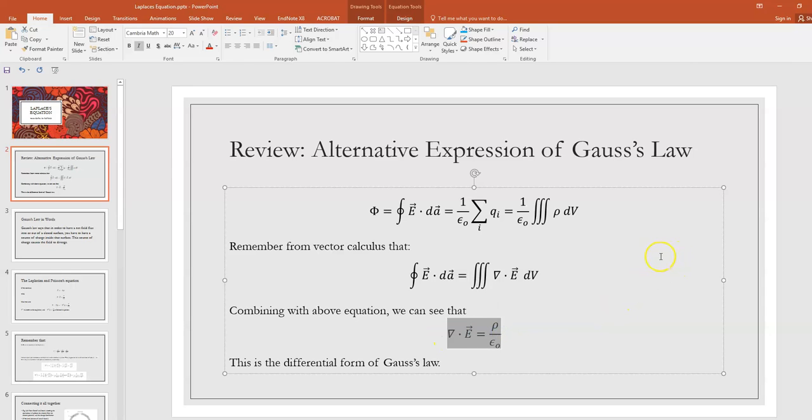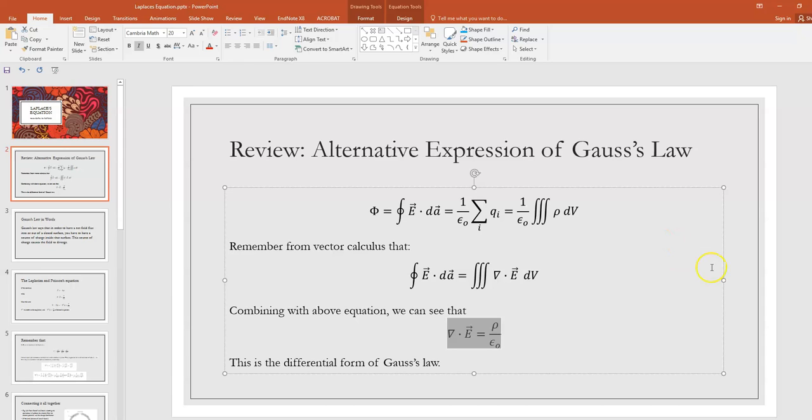Del dot E is equal to rho over epsilon naught, okay? So that's our differential form. So, in words, Gauss's law says that if you have a net flux of electric field into or out of a surface, that net flux has to be caused by a charge enclosed by that surface.